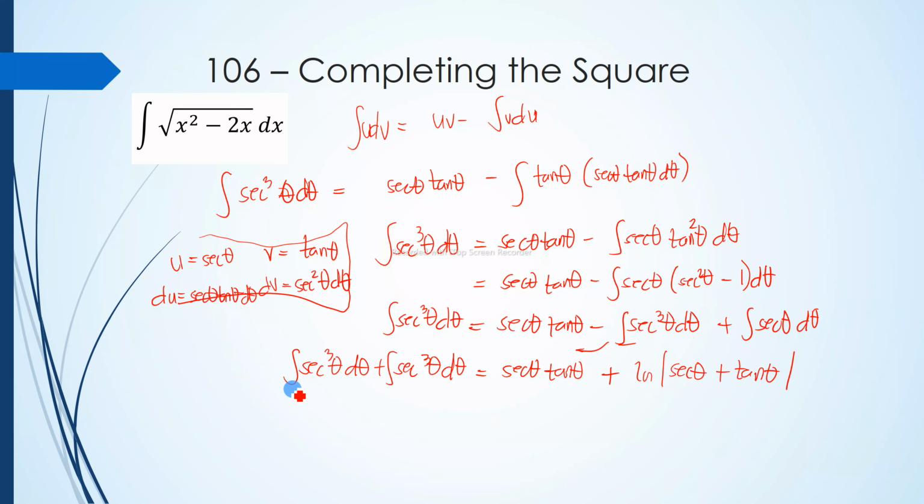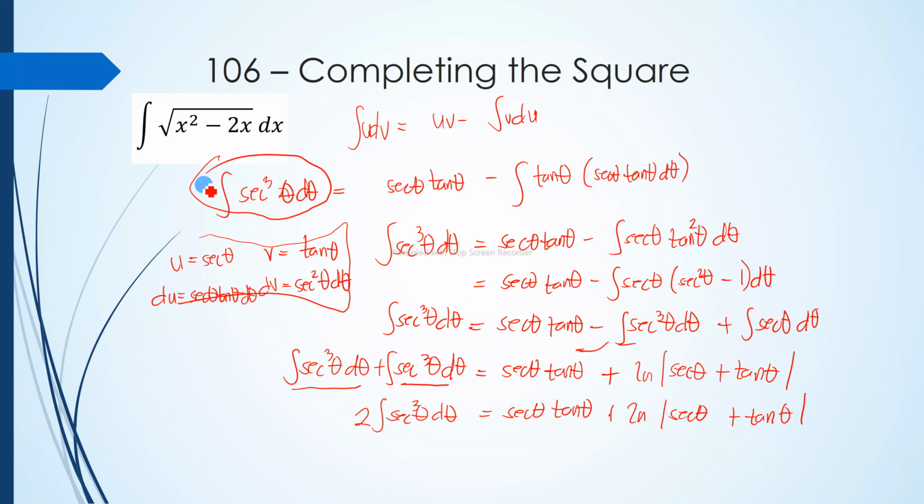Next, they have the same terms, so they can be added. That is just equal to 2 times the integral of secant cubed theta d theta is equal to secant theta tangent theta plus the natural logarithm of secant theta plus tangent theta. But what we are looking for is just the integral of secant cubed theta d theta. To eliminate the 2, very simple: you just multiply the whole equation by 1/2, and then you already have a solution.